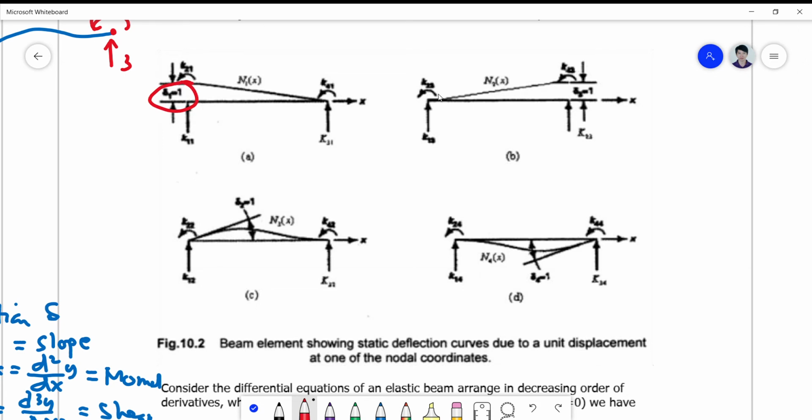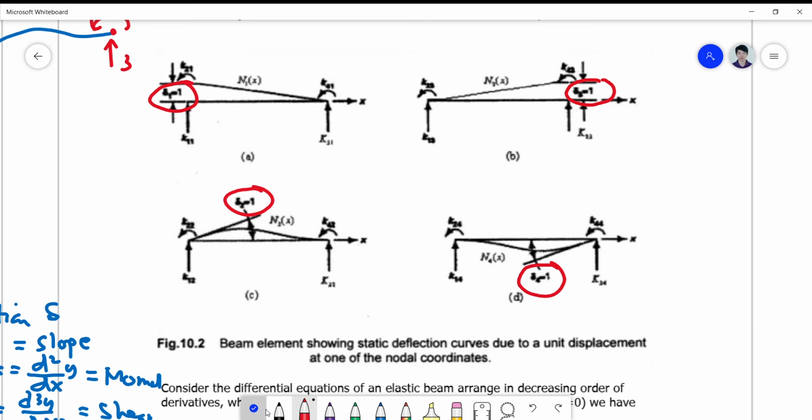The unit displacement here is also 1 translational, and then the unit displacement here is 1 rotational, and the unit displacement here is actually 1 rotational. Okay, so the arrangement of your displacement will simply change the arrangement of your stiffness matrices.